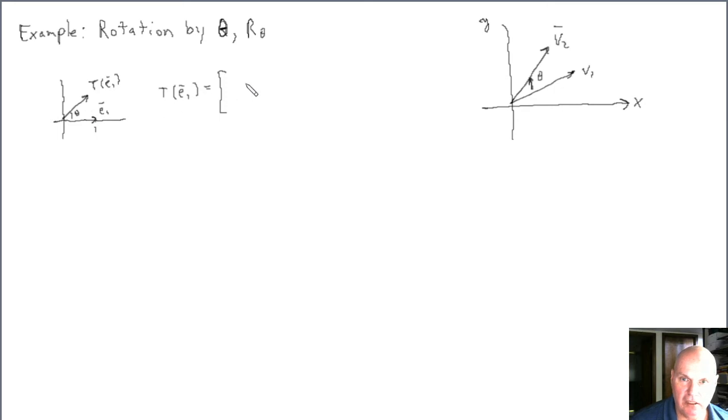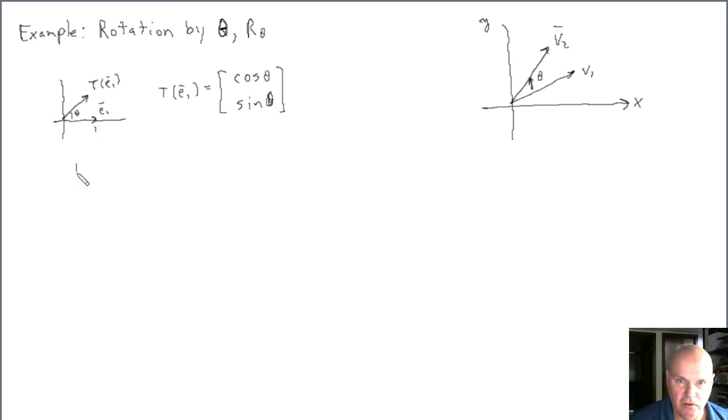Along the x-axis, again, this has length 1, so that's the length of the hypotenuse. So the x-coordinate is just the cosine of this angle, cosine of theta. And then the y-coordinate here is sine of theta. This is the corresponding transformation of E1.